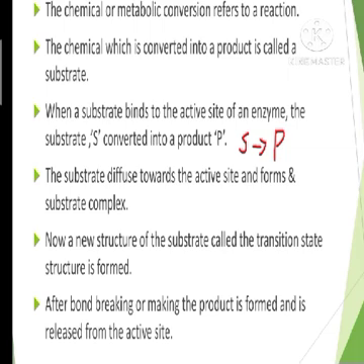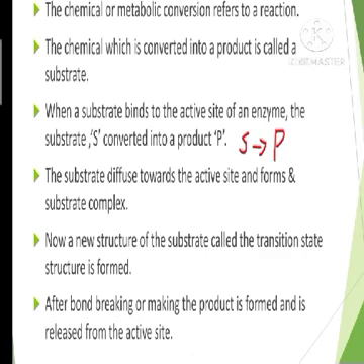Now the substrate is transformed into the product. During the pathway of its transformation, that is when a substrate is converted into the product, it will be undergoing the transition state structure, which will be having different altered structural states in them.